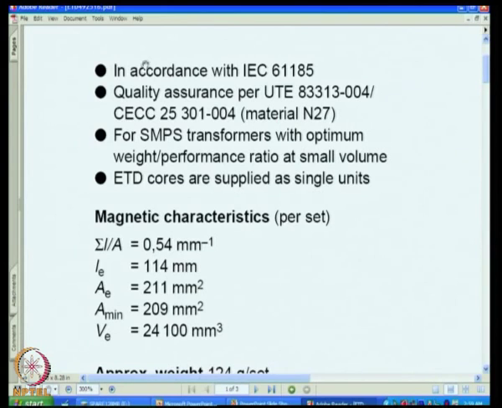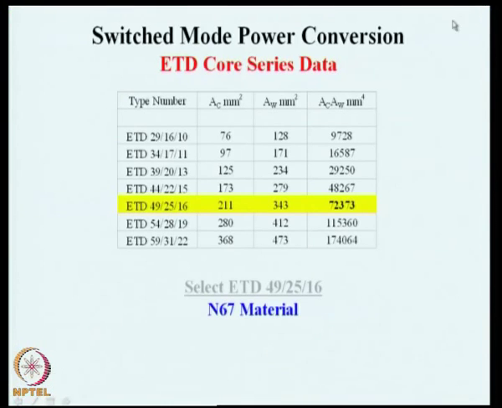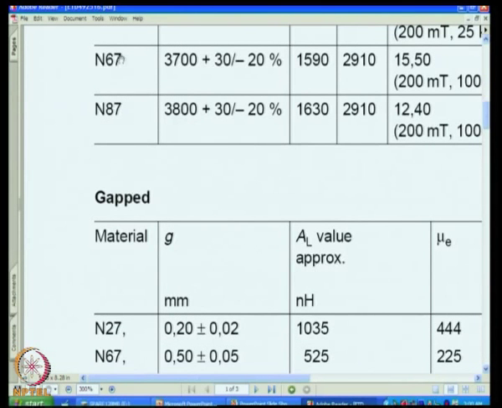In fact, that is the number which is given in the core as the first quantity. ETD 49 refers to the full width of the core, and this is made up of N67 material. It is available, as we see, in different types of materials, and we have selected N67 material.